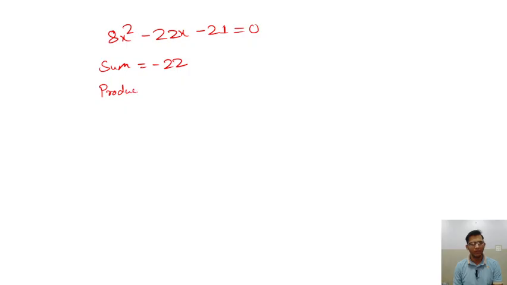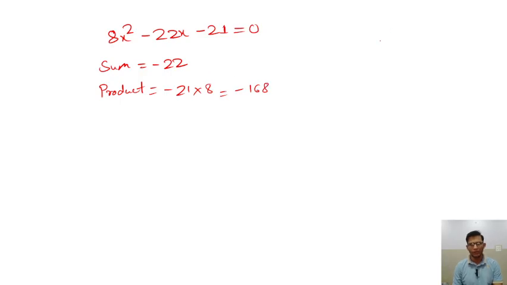Okay, if I write the quadratic equation as 8x square minus 22x minus 21 equal to 0, I have to break this middle term, or split this middle term, into two parts such that the sum becomes minus 22 and the product becomes minus 21 times 8, that is minus 168.